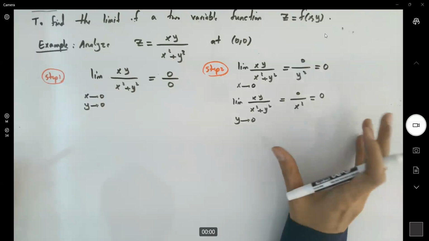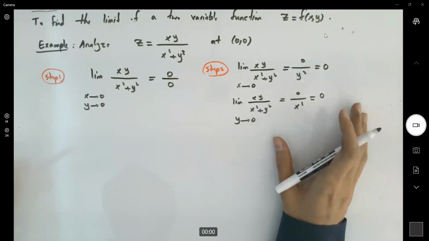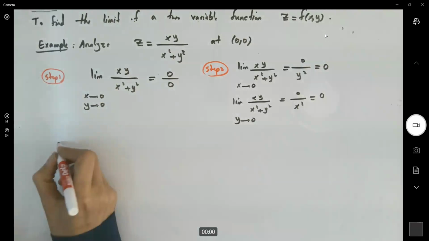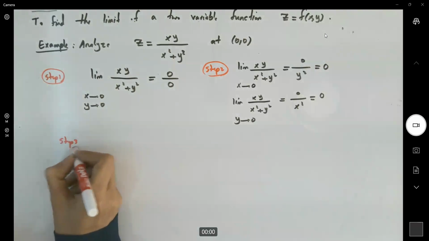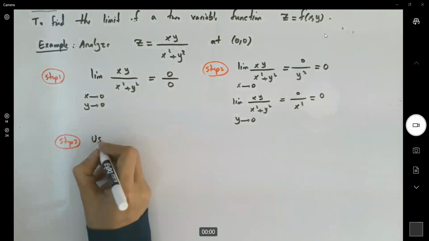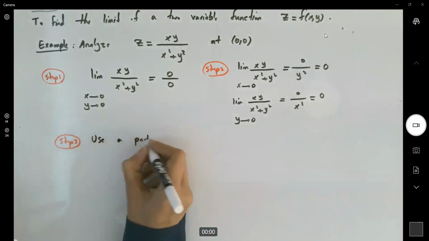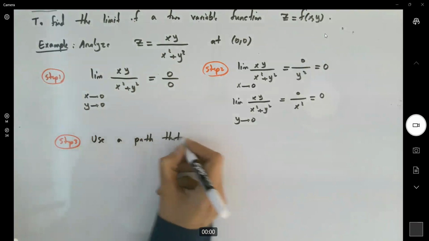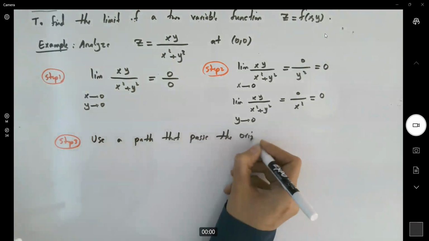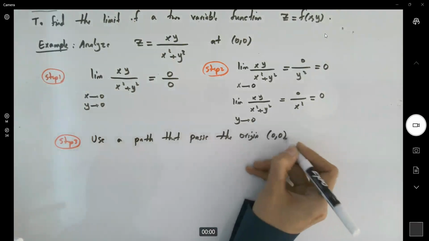So what's the next step? What should I do here? You can use a general path. Use a path that passes through the origin, 0 and 0.